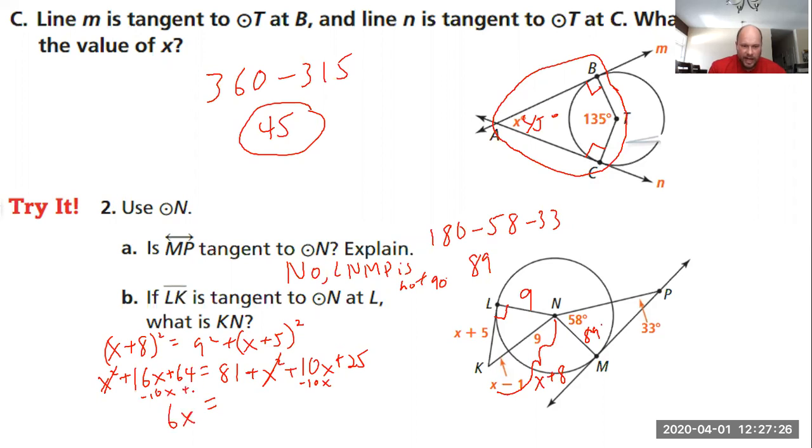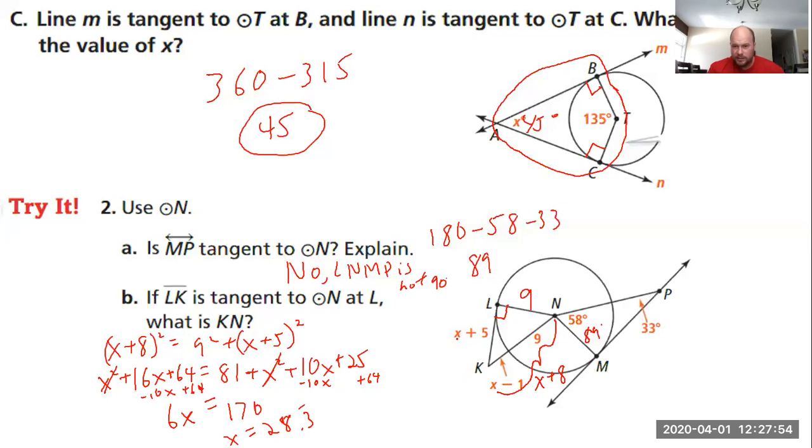And I'm going to go ahead and add the 64 to both sides. So I have 81. I have 25. I have 64 all on that side now, which gives me a total of 170. Divided by 6. And I get X is 28.3. And that would be my final answer.